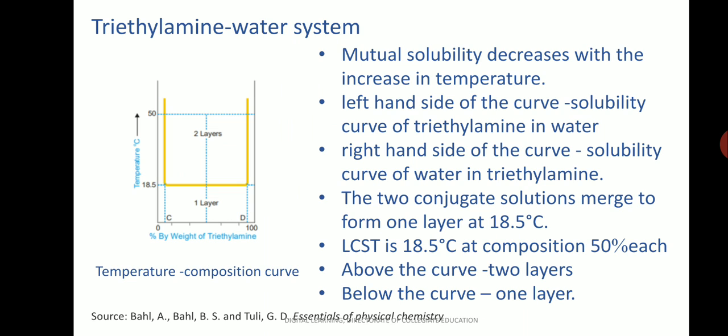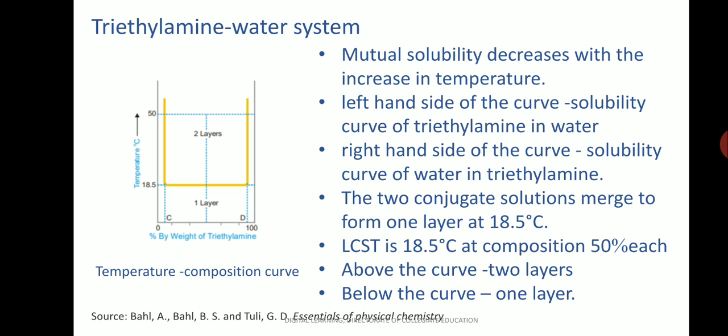Mutual solubility decreases with increase in temperature. The left-hand side of the curve shows the solubility curve of triethylamine in water, while the right-hand side of the curve is the solubility curve of water in triethylamine.